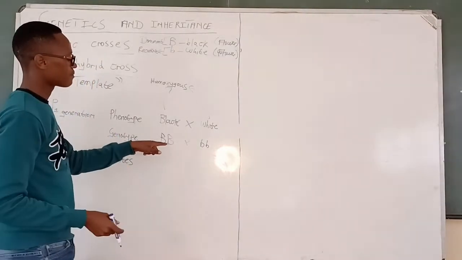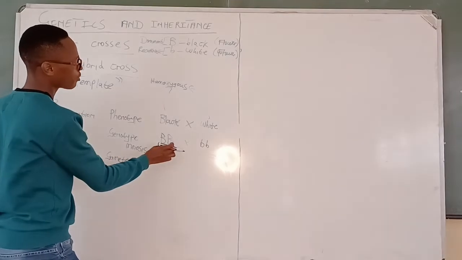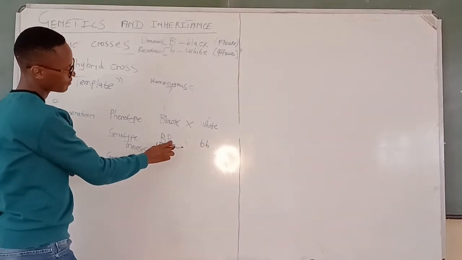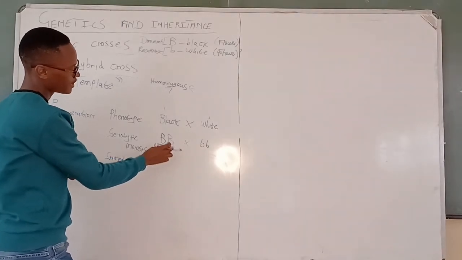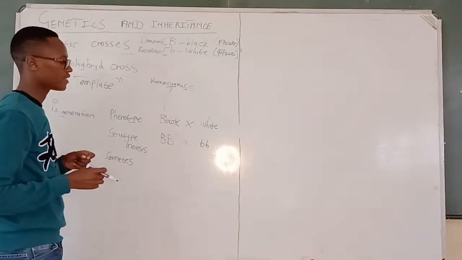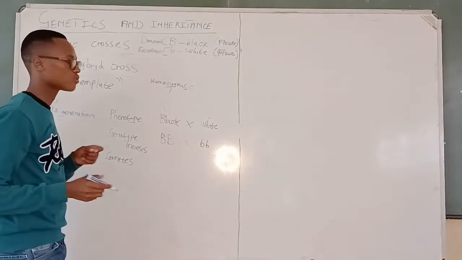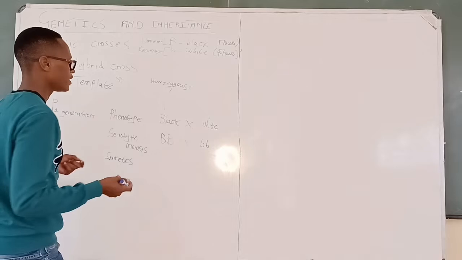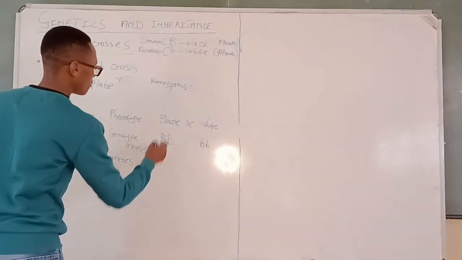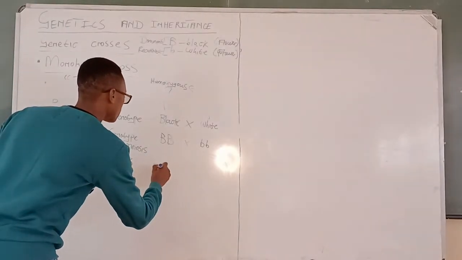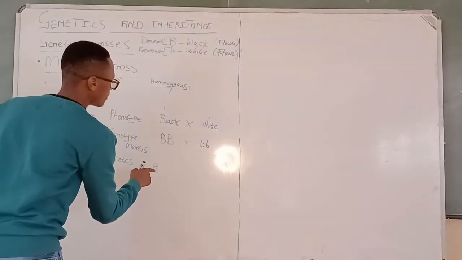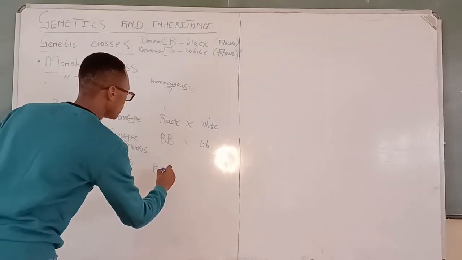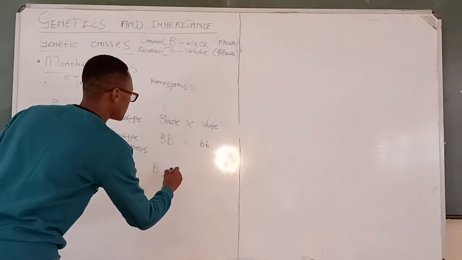Because we have a diploid parent and also a diploid parent, these cells are diploid. So meiosis is going to halve the number of chromosomes. You all know that it's a reduction division. Meiosis is going to form two possible gametes. It can form this gamete, it can also form this gamete.